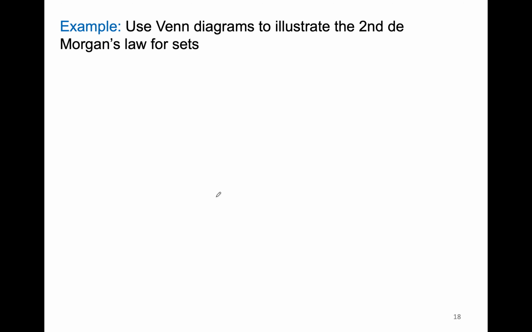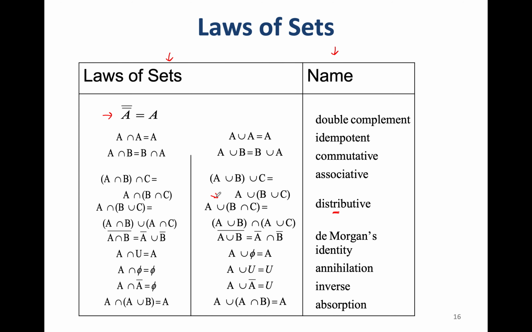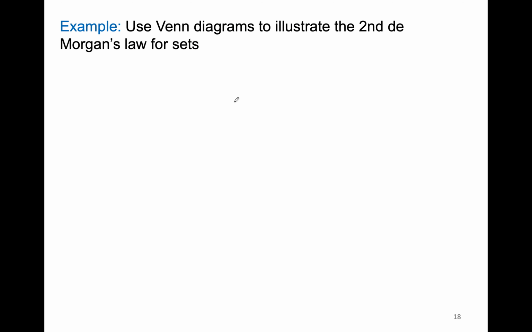We need to use a Venn diagram to illustrate the second De Morgan's law for sets. If we go back, De Morgan's law is this law, and we need to illustrate the second one, which is (A union B) complement is equal to A complement intersect B complement.